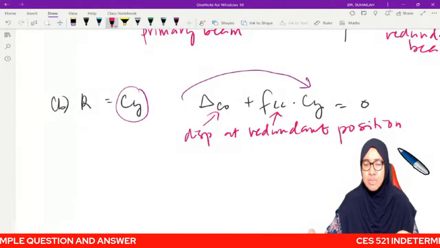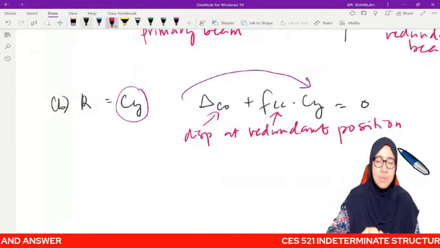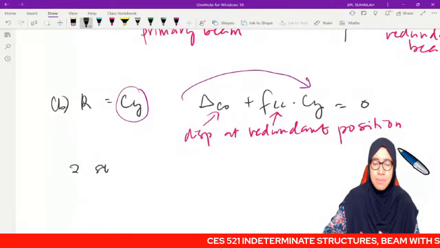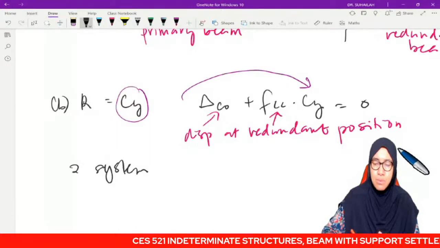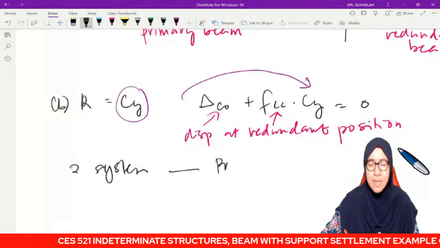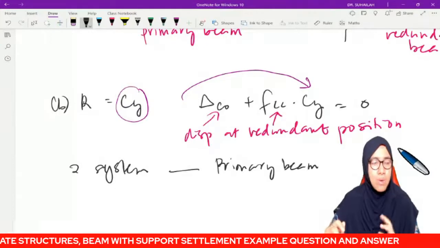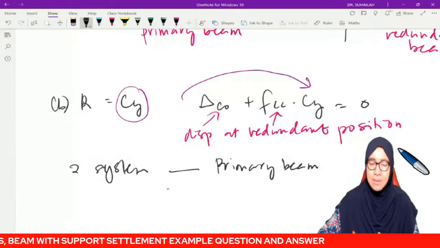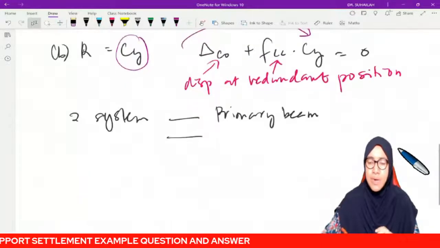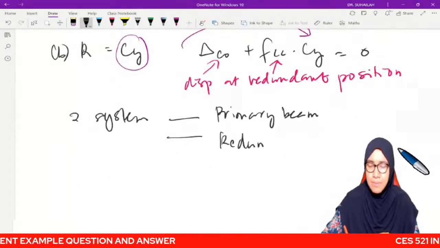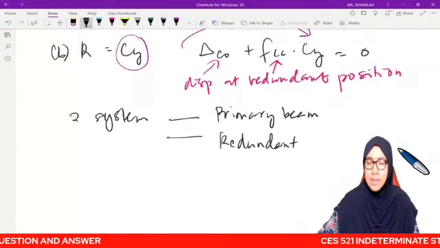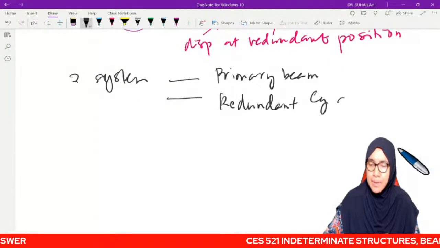But we have two determinate systems. One is the primary beam and another one is the redundant CY applied.